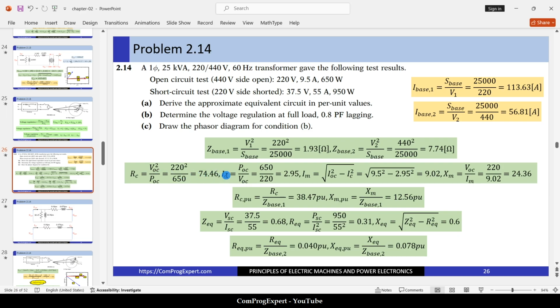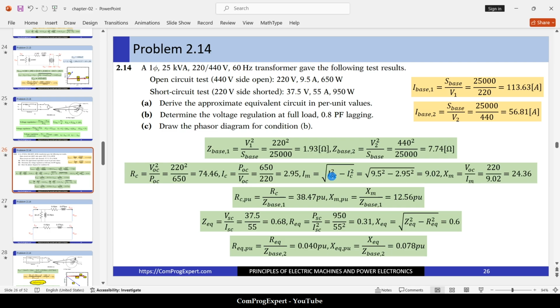This is the equivalent core resistance current. Yes, the power of the open circuit, power loss divided by the voltage of the open circuit. That is 2.95. The magnetizing current is equal to this one.